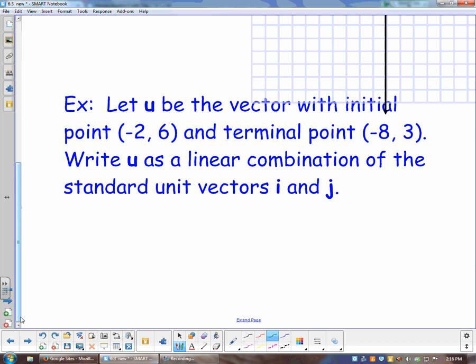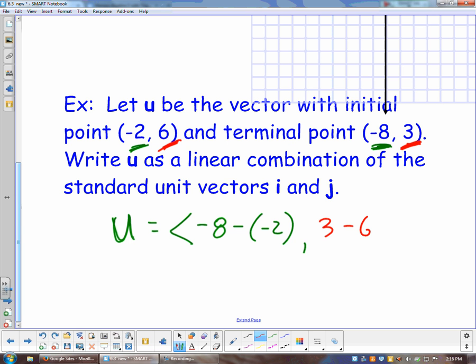So that means I want to write vector u as, I want to take my terminal minus initial, so I'm going to do -8 minus a -2, comma, and I want to take the terminal y minus the initial y, so it's going to be 3 minus 6.